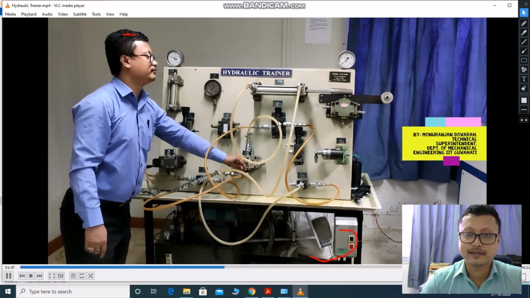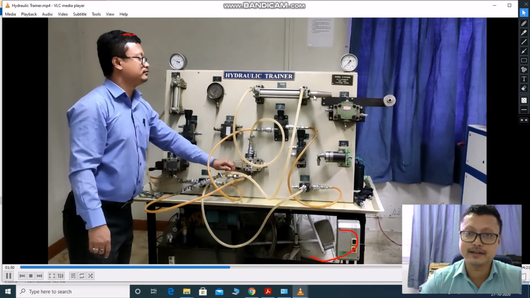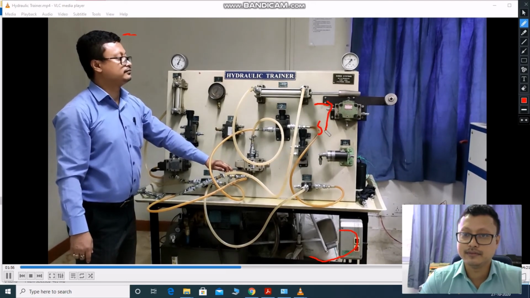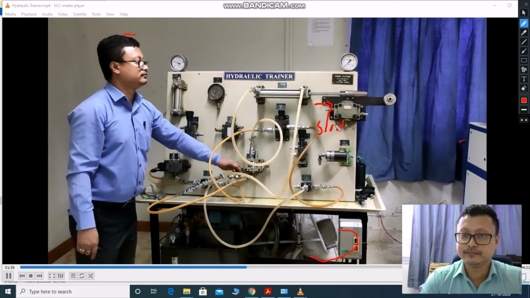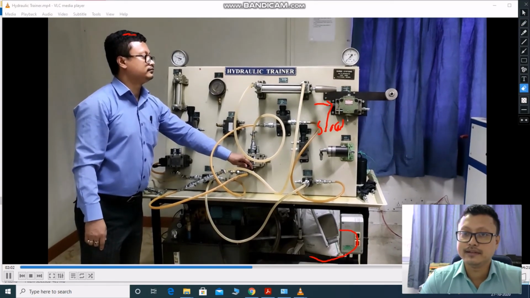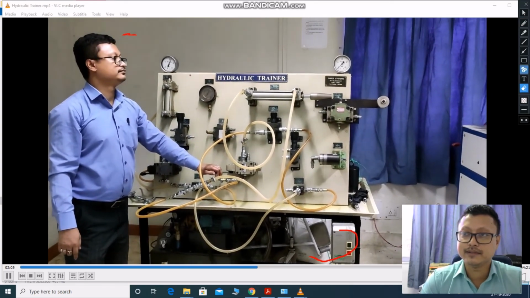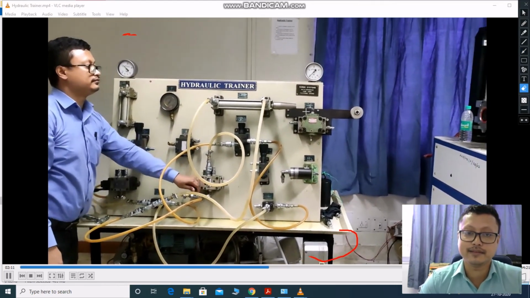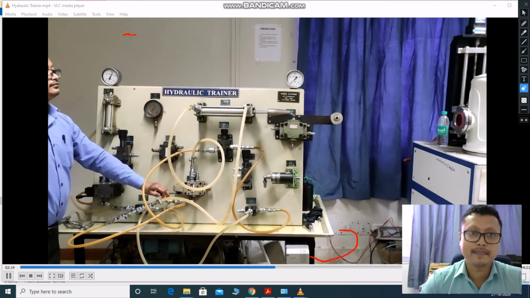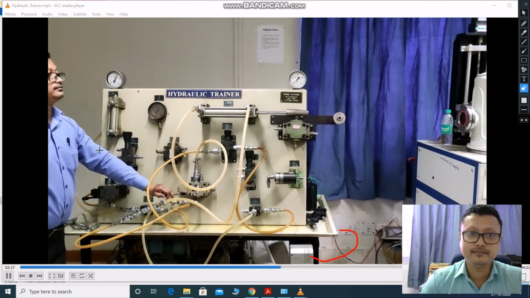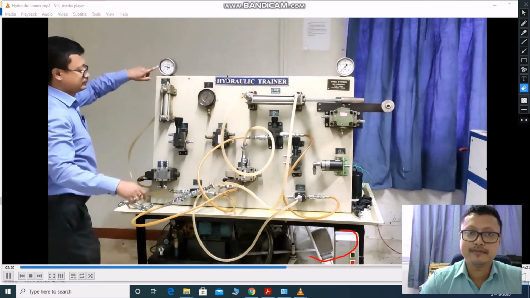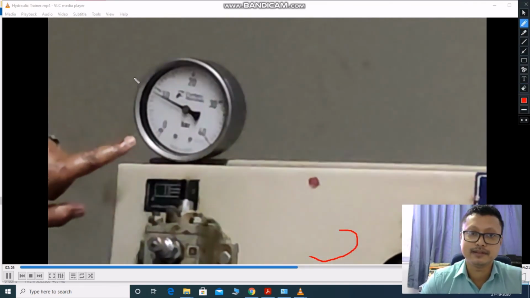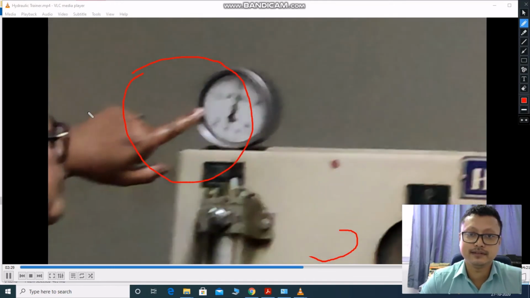Here you can also check the returning stroke speed is high, forward stroke is slow, but the return is fast, so using this circuit, quick return of the hydraulic circuit is possible. During the operation, you also need to note down the hydraulic pressure from this dial gauge. Okay, it is in bar.